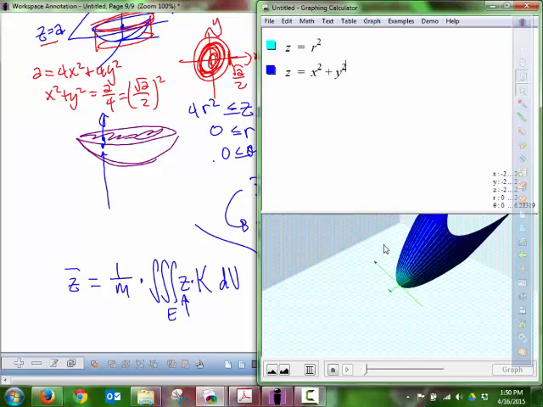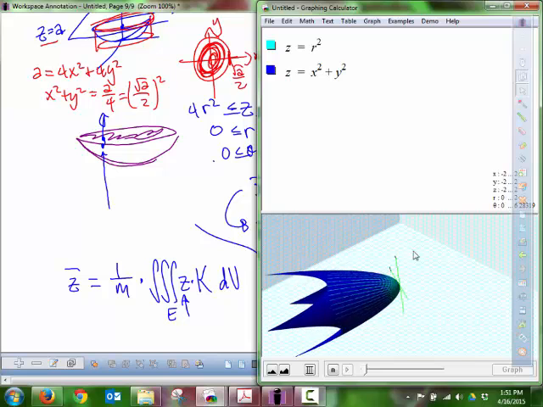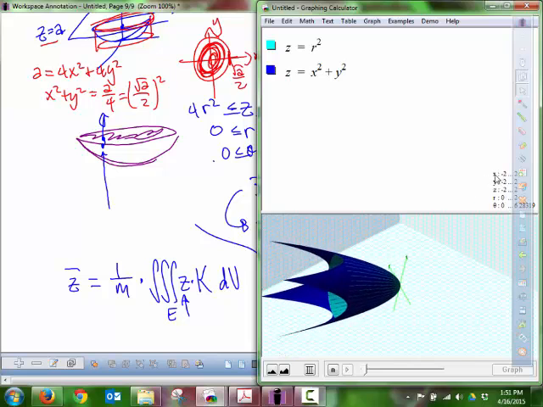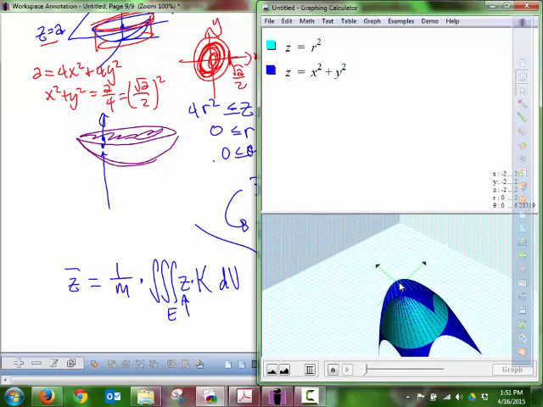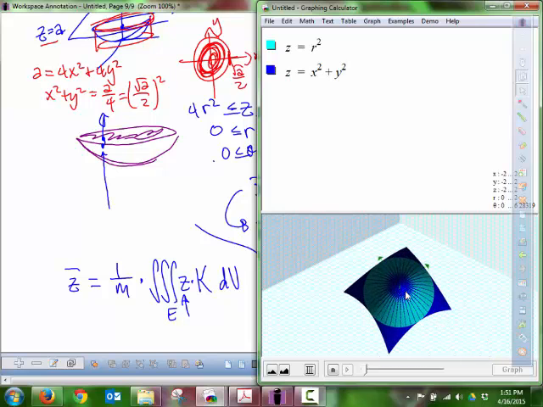Well, it's the same surface. It's drawing out the same surface, except its domain. From the top view, its domain is a rectangle, or in this case, a square.